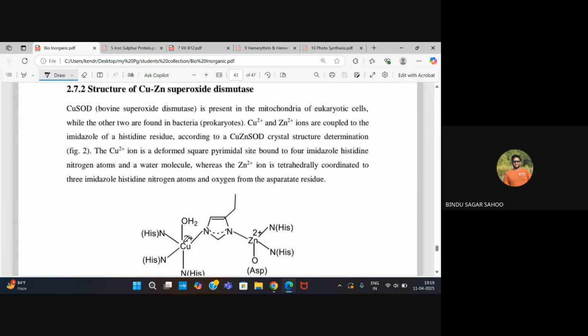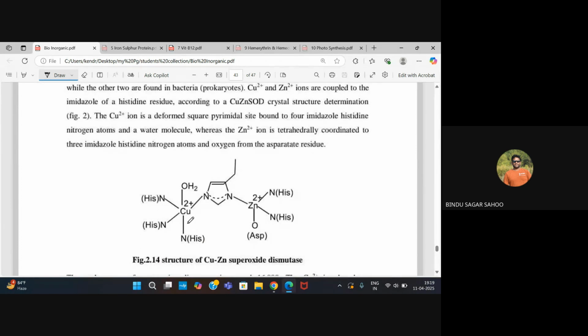The copper and zinc, two ions, are coupled to the imidazole group of the histidine amino acid. Here the copper 2 plus ion is pentacoordinated. You can see one coordination site, 2, 3, 4, 5. That means the structure is square pyramidal, but not a regular square pyramidal.